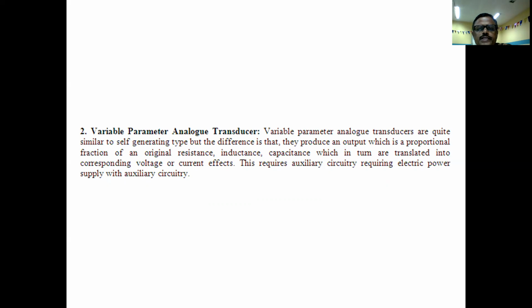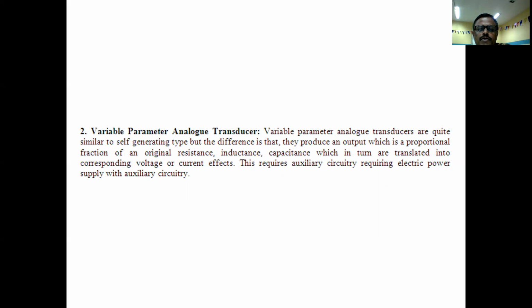The only difference is they produce the output which is proportional to a fraction of the original resistance or inductance or capacitance, which in turn are translated into corresponding voltages or current effects.